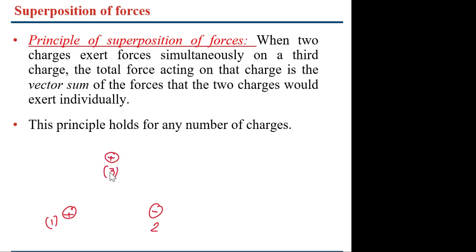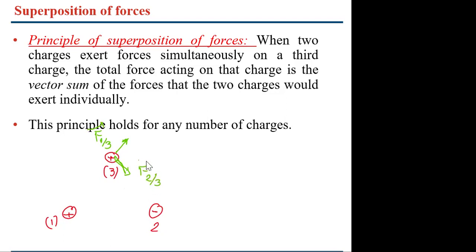Charge 1 exerts a force on charge 3. The force is outward, it's repulsive. So this is the force F1 on 3, a repulsive force. Charge 2 exerts a force on charge 3, and this force is attractive because they have different signs.